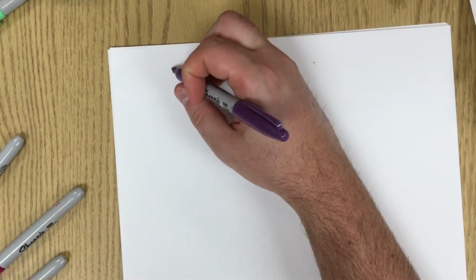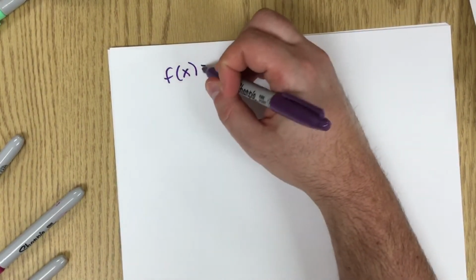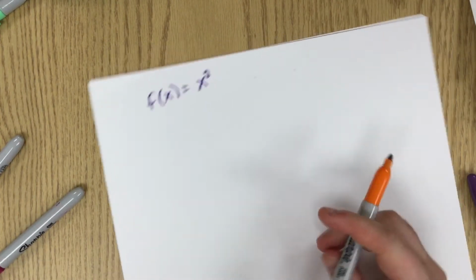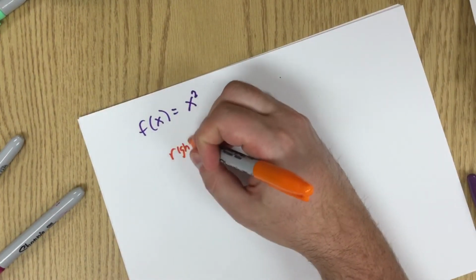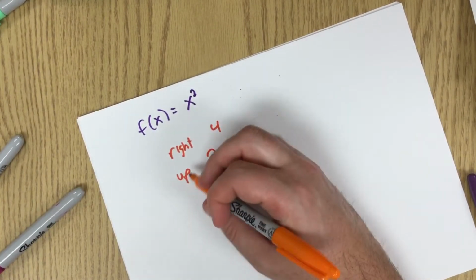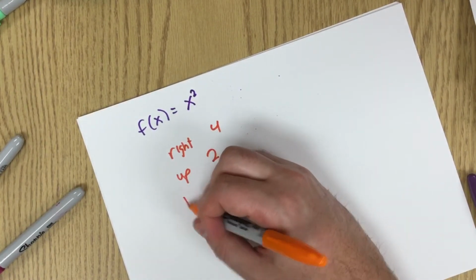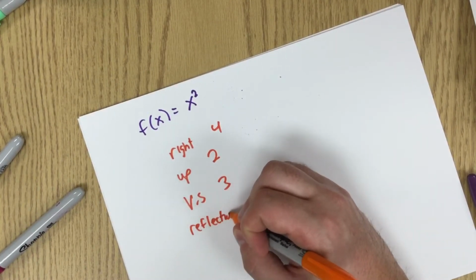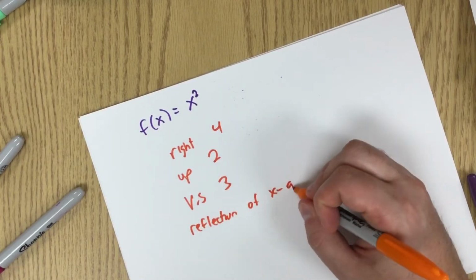Now, I've been doing root x all this time, but it doesn't have to be like that. So for example, let's say my base one was x squared, and I wanted it to go right 4, up 2, and then vertical stretch of 3, and then a reflection over the x-axis.